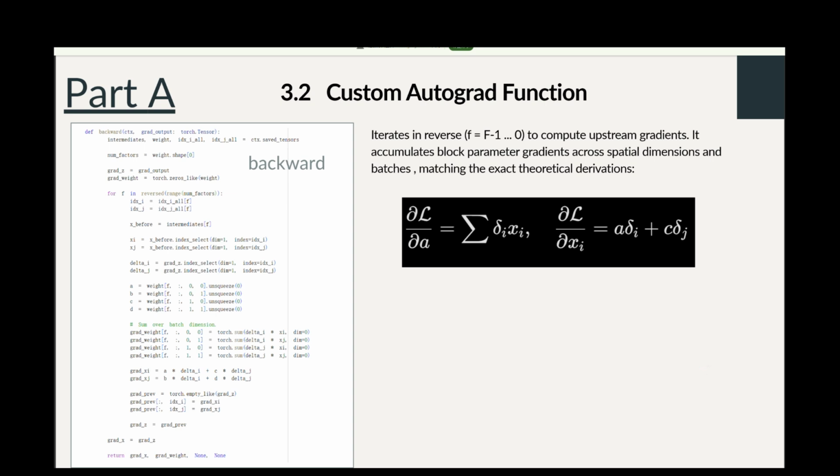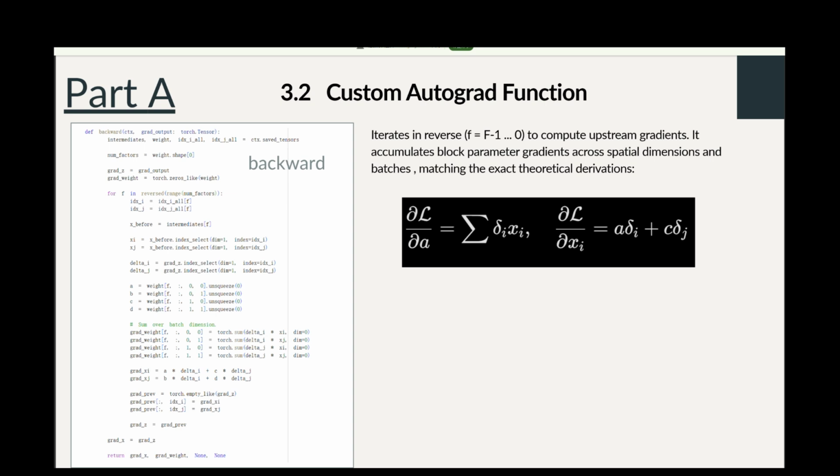In the backward pass on the next slide, we unroll the factors in reverse order. Crucially, to accommodate batched CNN feature maps, we leverage einsum to explicitly aggregate parameter gradients across both the batch dimension B and O spatial locations.